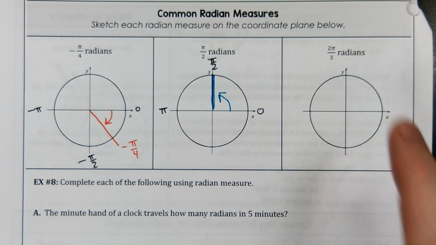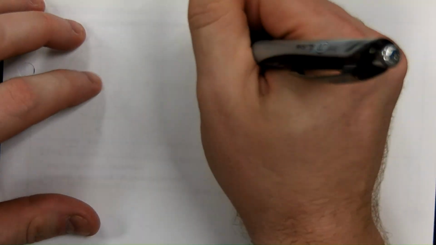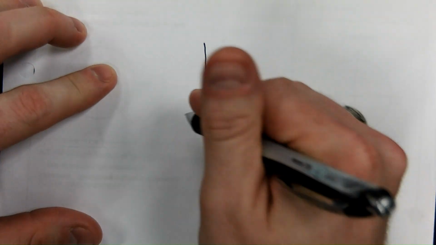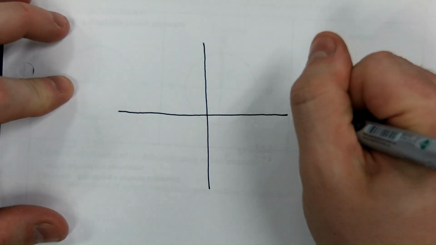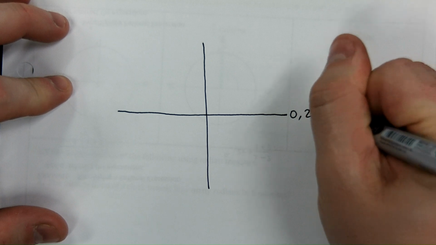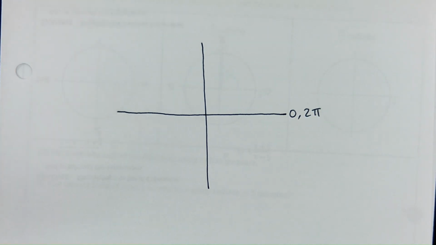Now I need thirds. This represents 0 and 2 pi, right? I'm not going to even use degrees this time.